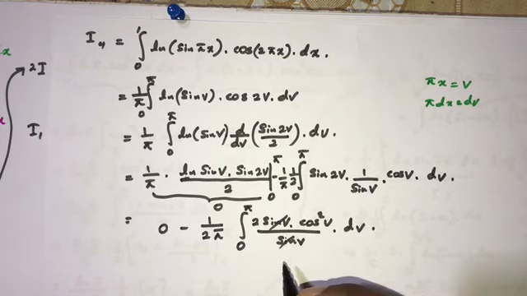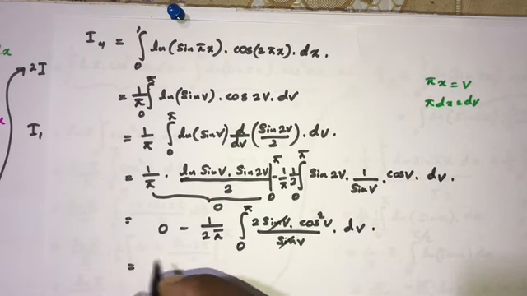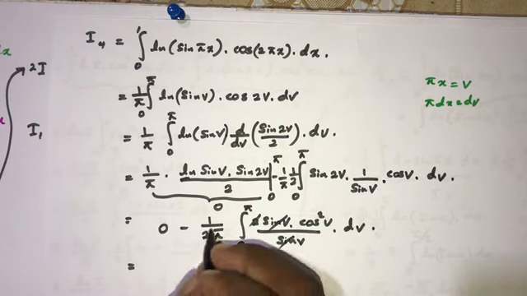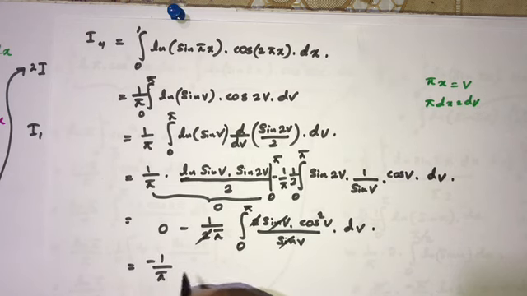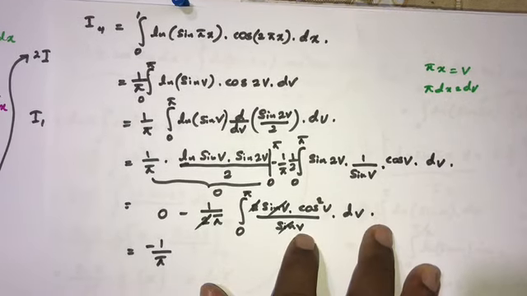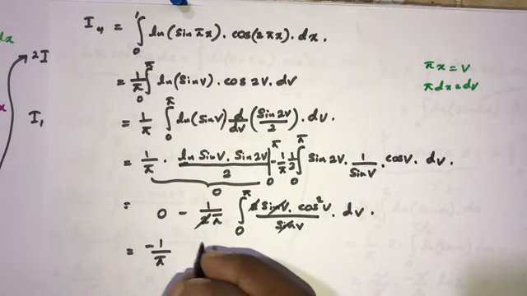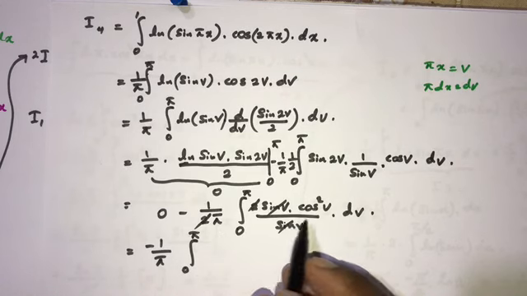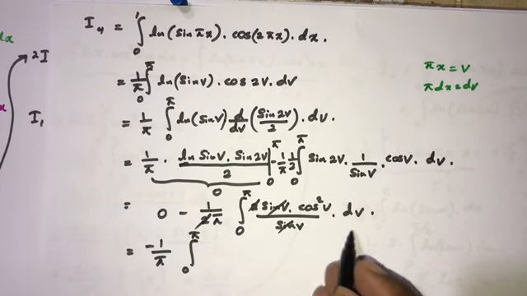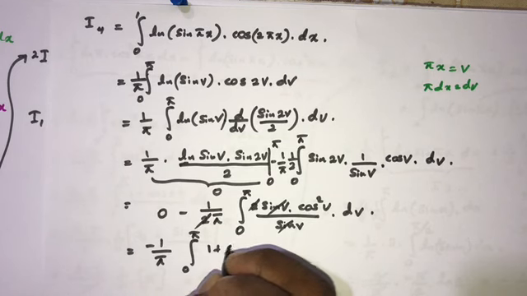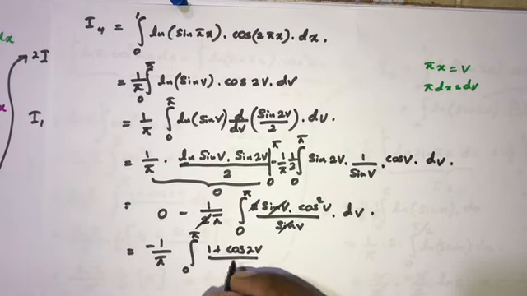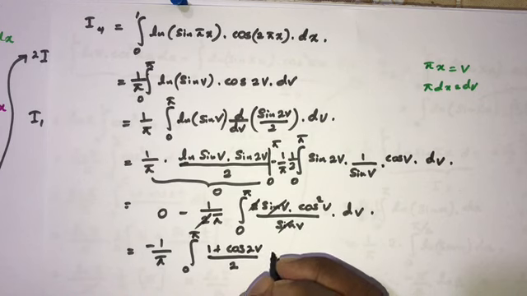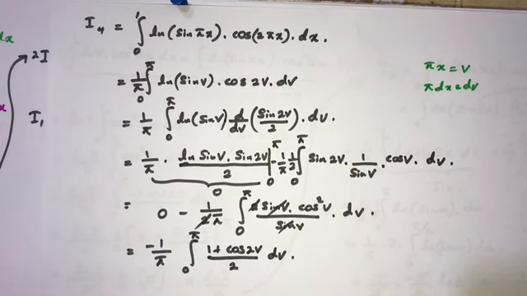Now this sine of v gets cancelled, and this 2 also gets cancelled, minus 1 over π, integral from 0 to π of cosine square of v, so we know 1 plus cosine of 2v over 2 dv.